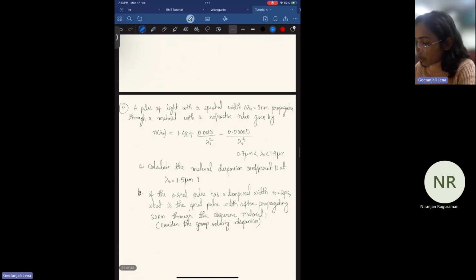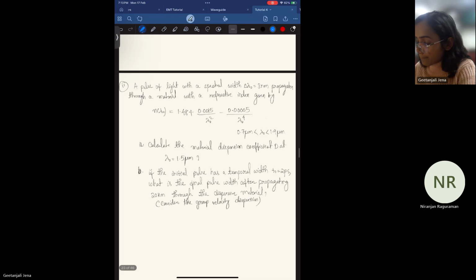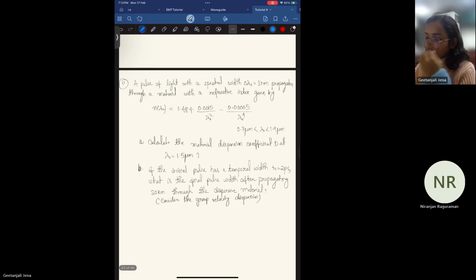So let us see our next problem. It is based on a refractive index profile with an expression like this.